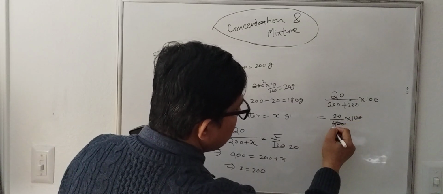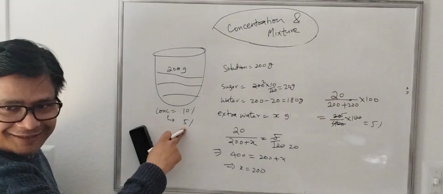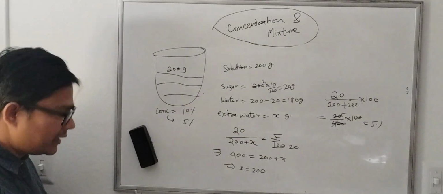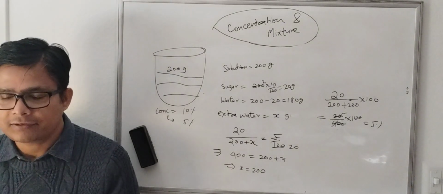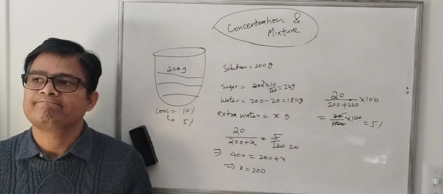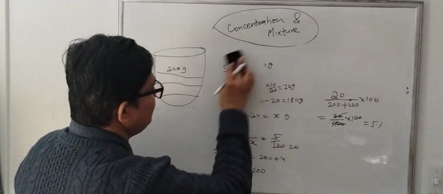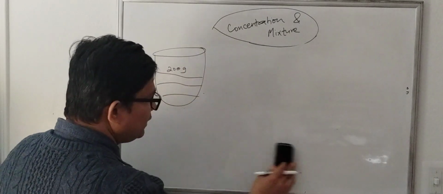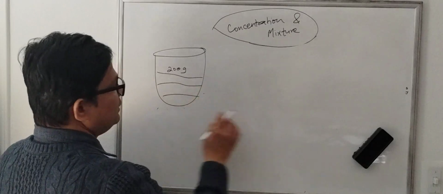So this became 5. See? So we verified the amount we got is correct. These are the basic question types that you will get in your exam. I think we are missing one more type of question. And there could be some more types, but for today's class let's concentrate on these 4 types that we discussed.